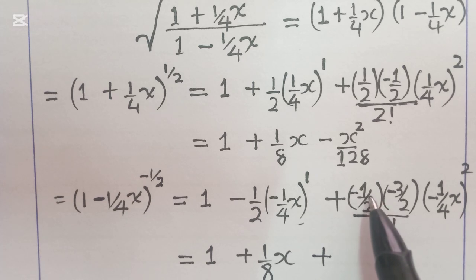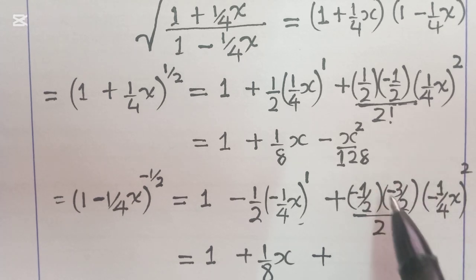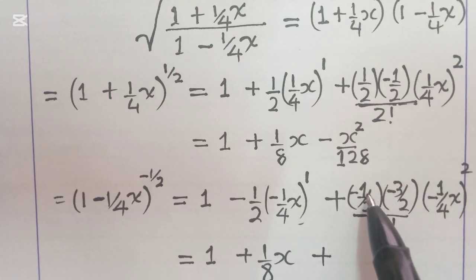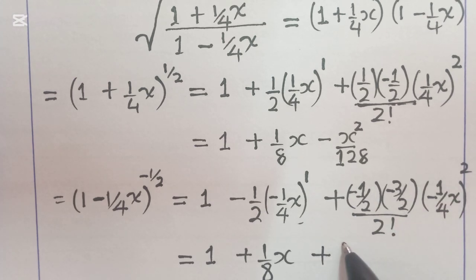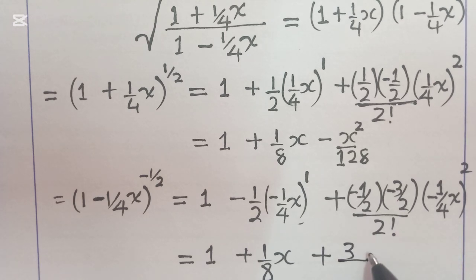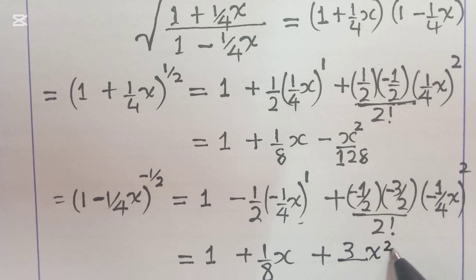Now we can go and multiply the numerator. For us, the numerator here is only 3. So we write 3 there, and x squared is also part of the numerator.